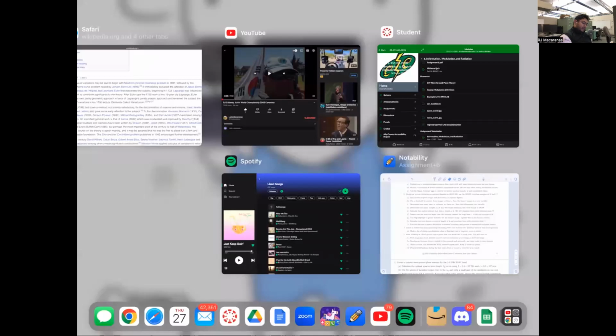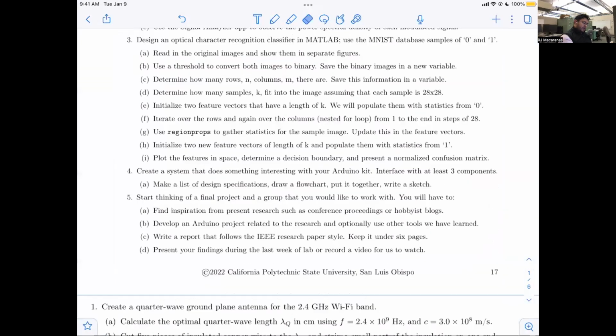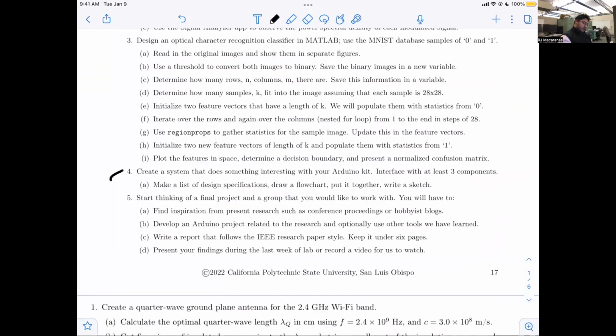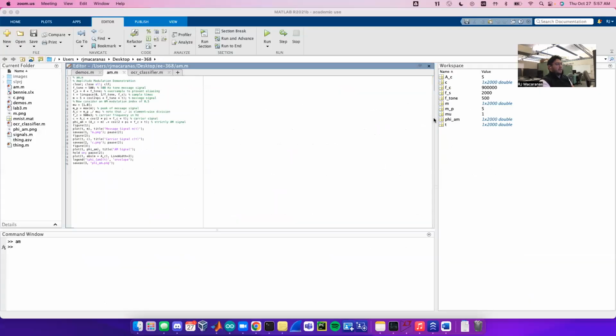And so I'm not going to talk about part 4. That should be pretty straightforward. For part 5, I'm just going to quickly go over how to access some useful databases. And then also, while I'm at it, we'll walk over and look at these examples that I've provided.